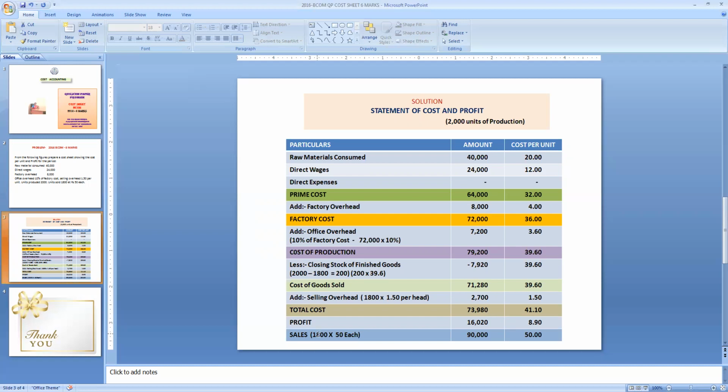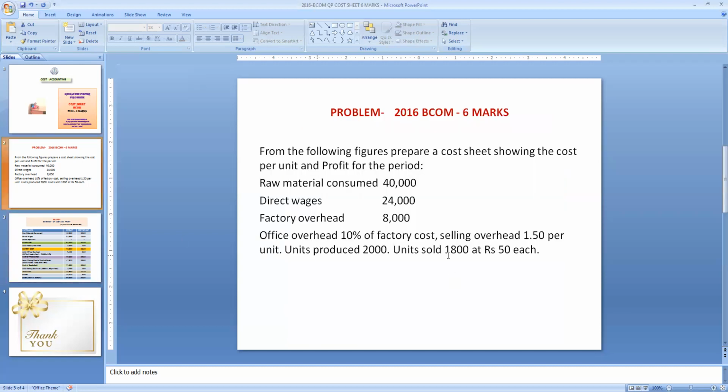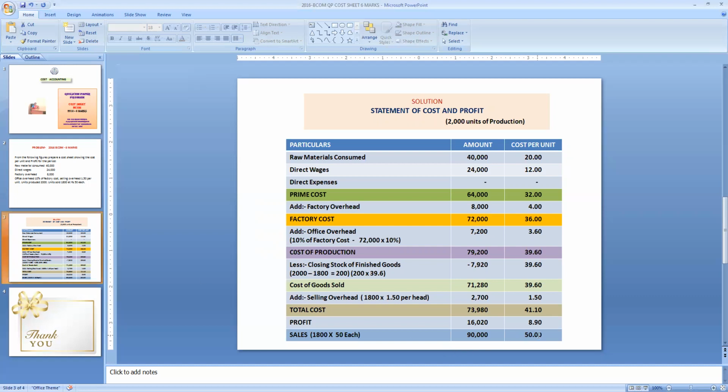Then we need to go for calculating the profit. Already given in the question, the sales value is given, that units sold is 1,800, and per unit is 50 rupees. So in between the total cost and sales we have to calculate the balancing figure. The last term is the sales. Sales is nothing but 1,800 units into 50 rupees, 90,000.